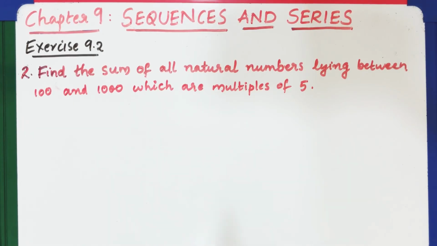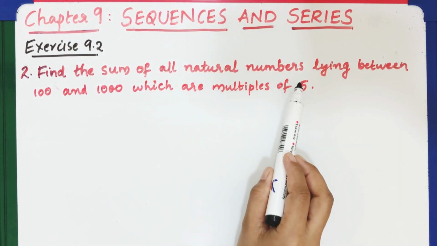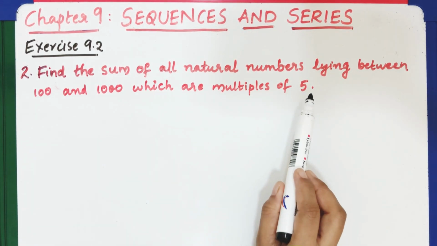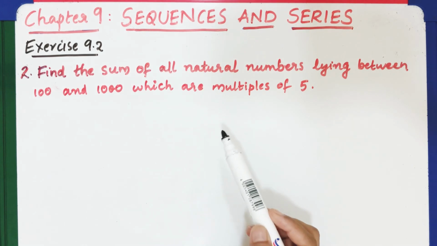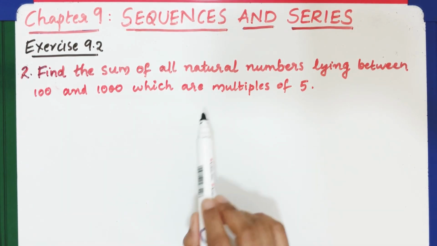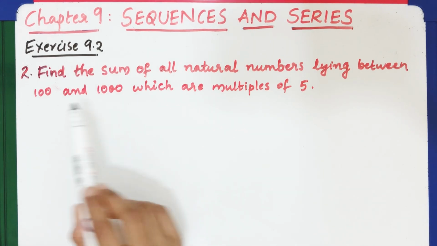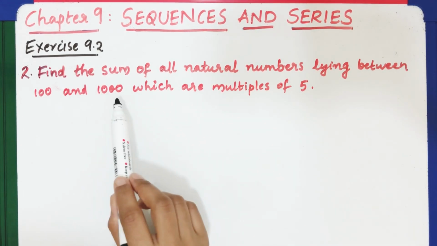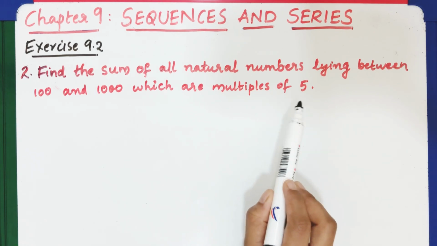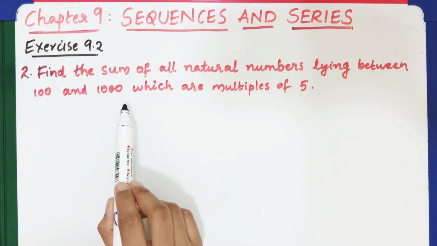Second question is, find the sum of all natural numbers lying between 100 and 1000 which are multiples of 5. Here also we have to find the sum. See here, the arithmetic progression is the multiples of 5 between 100 and 1000.